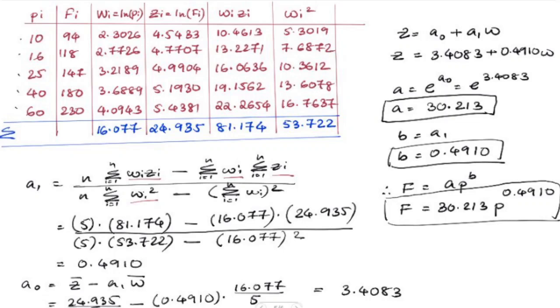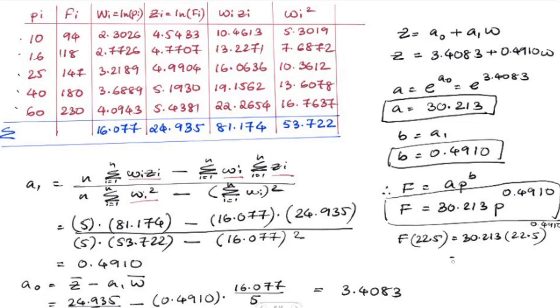Now if someone asks you to find out the flow rate at a pressure of 22.5, let's say, then you can put it in this function or equation that we got just now, which is 30.213 times p, which is 22.5, to the power 0.4910.